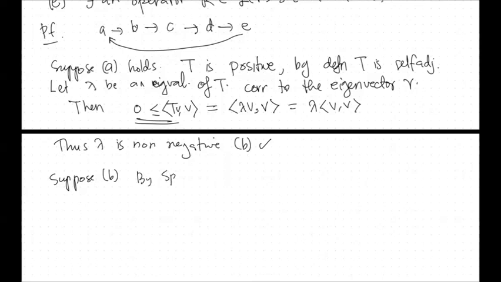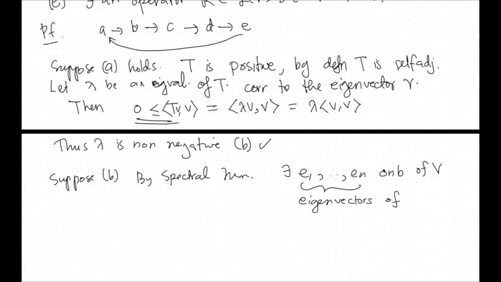So by our spectral theorem, there exists e1 to en, an orthonormal basis of V, and these orthonormal basis vectors consist of eigenvectors of our linear map T. Let lambda 1 to lambda n be the corresponding eigenvalues.